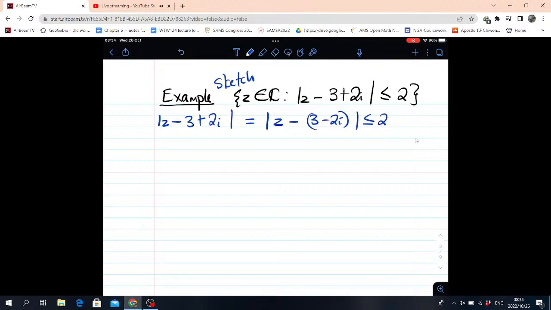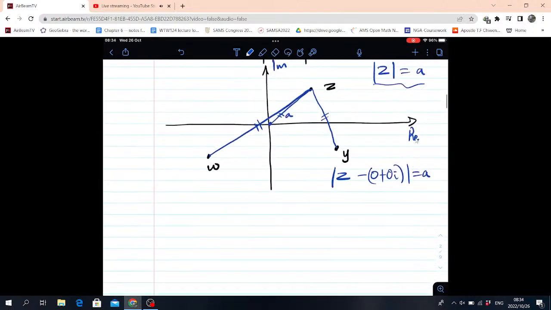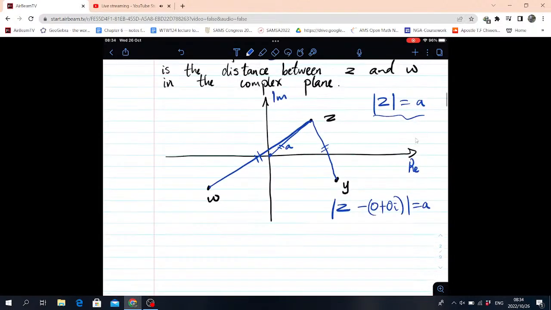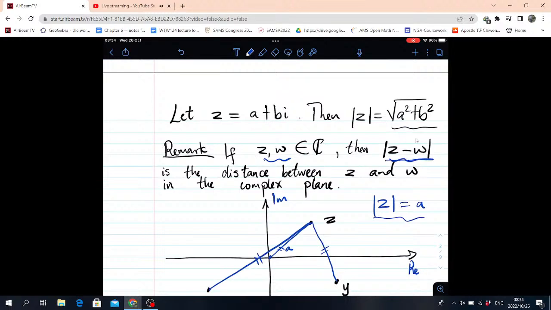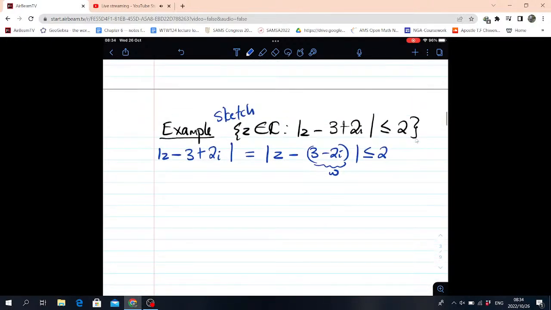And then we can think of this complex number as our w in this example, where we were saying the modulus of z minus w is the distance between z and w. So the modulus of z minus this is the distance between z and this complex number w. We are saying it's less than 2.